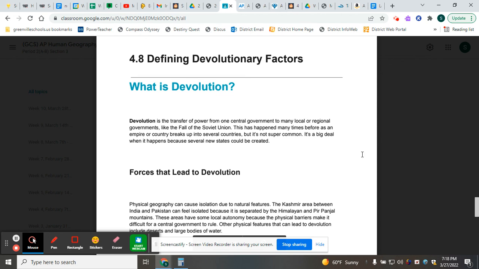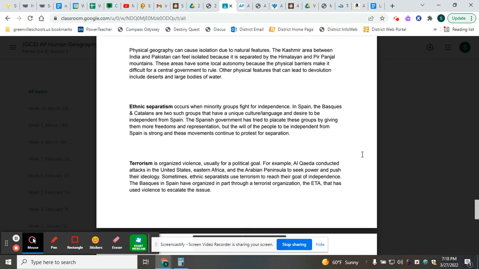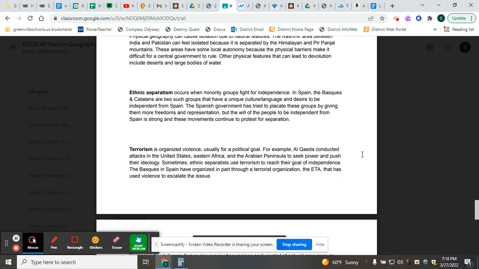Power was transferred from Moscow, where it had been in the hands of the Soviet leadership for decades. It was now transferred to those new countries and their capitals. Okay, what leads to devolution? Ethnic separation. When a minority group inside a country is fighting for independence, that can lead to devolution.